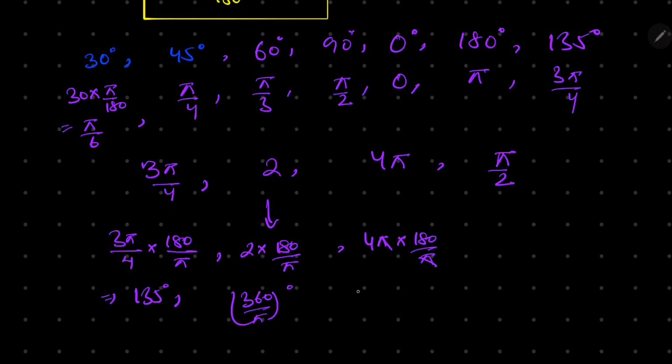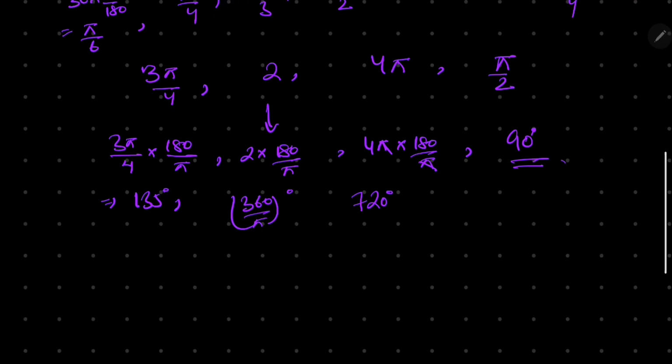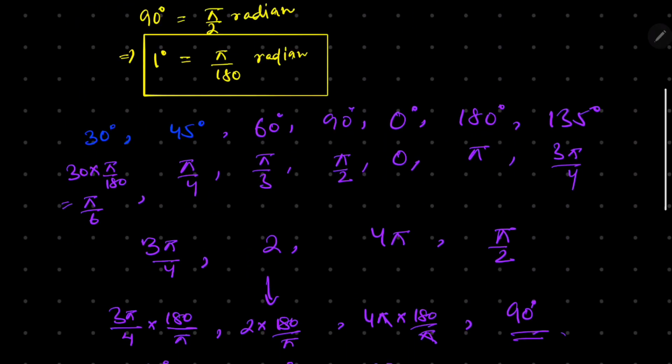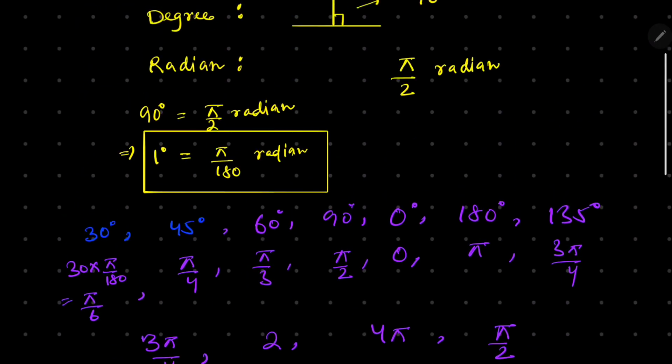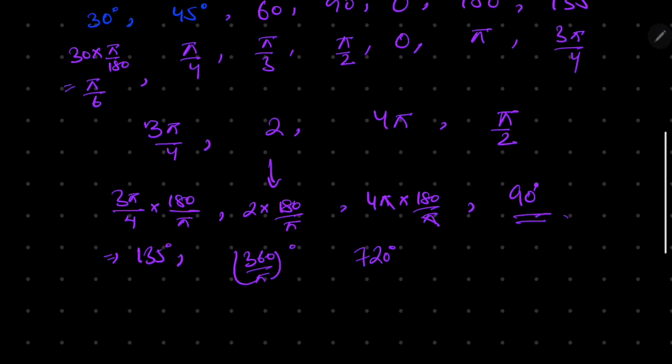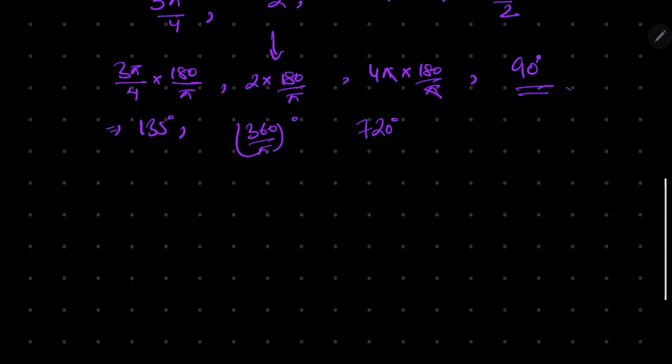Pi will get cancelled out and we will have 720 degree. And this is pi by 2, when you multiply with 180 by pi we get 90 degree. That's great. From now onwards we must be familiar with these two units. Radian is the more useful unit while studying science or physics, so you must understand both.